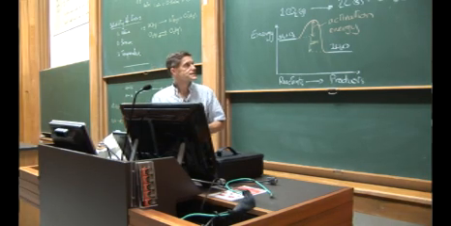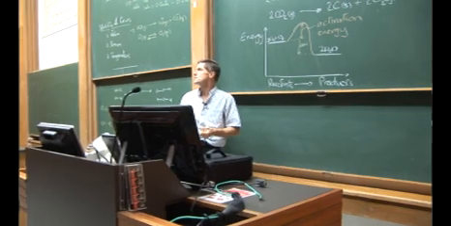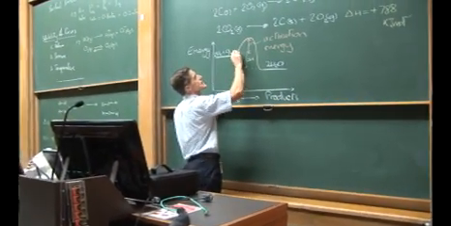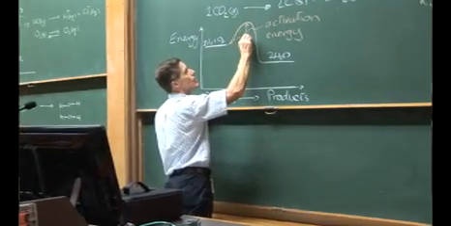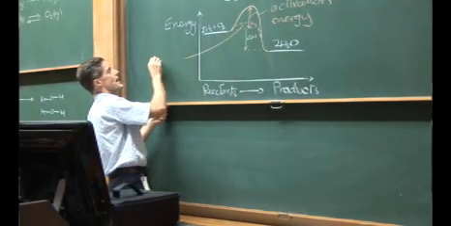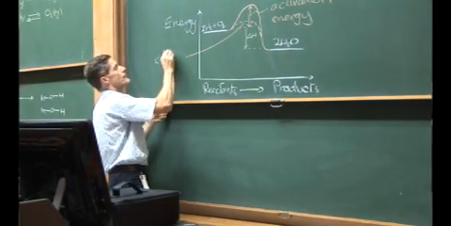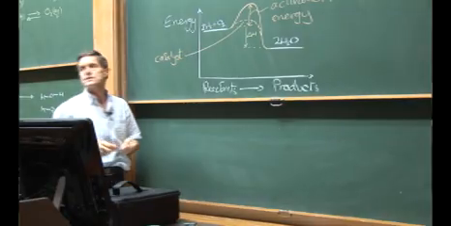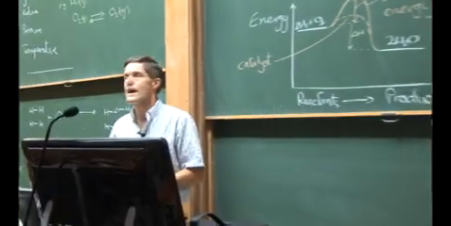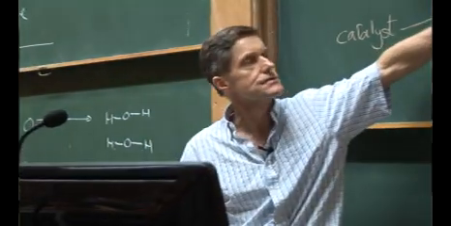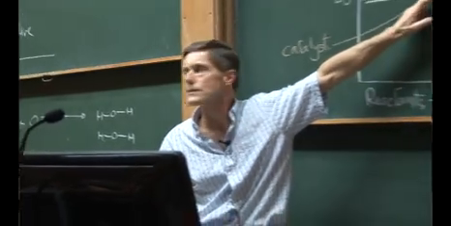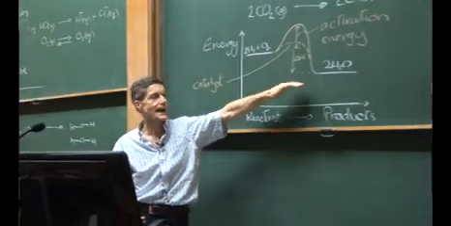One way around this is if we introduce something we'll call a catalyst, and a catalyst is a material which provides an alternative reaction pathway which has a lower activation barrier. And with a lower activation barrier, more molecules have the minimum amount of energy required for reaction to occur, and so more molecules can react.